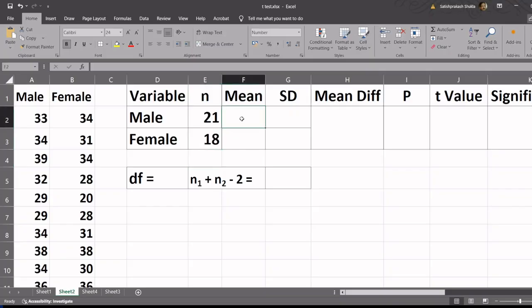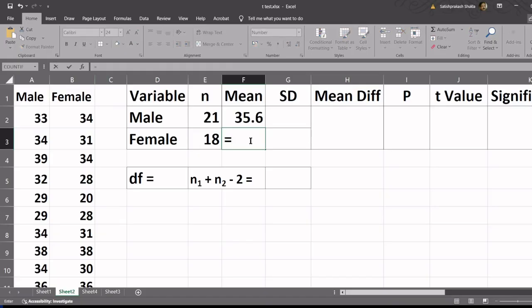Now, we will find mean average of male teachers. For that, the function starts with equal sign, then we will write average and in bracket data range A2 to A22 and bracket over, then enter key. This is mean of the scores of male teachers.